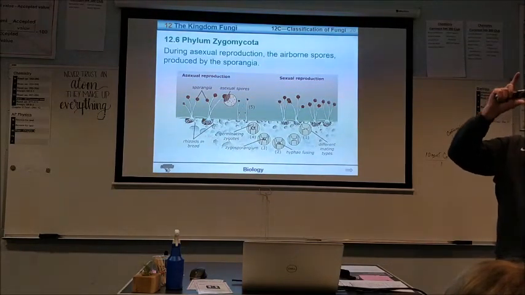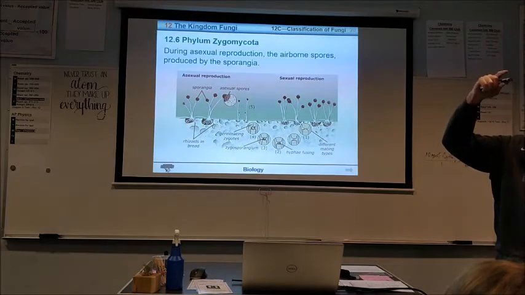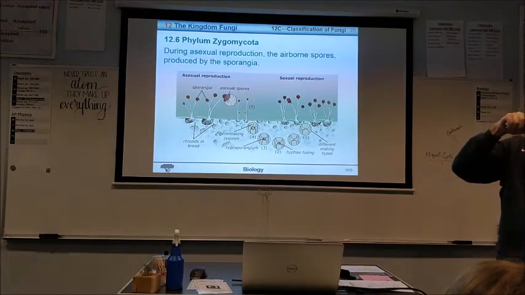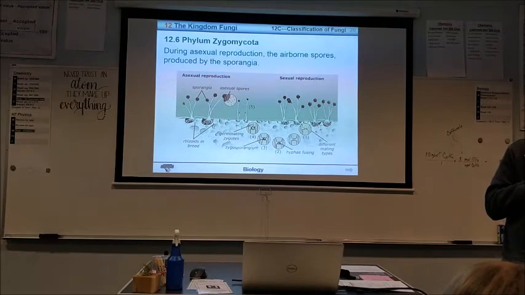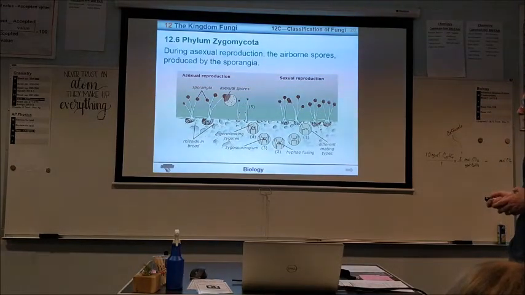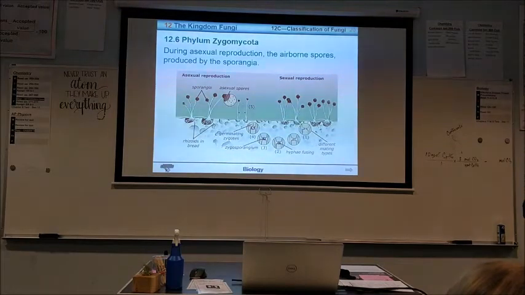Yeah, okay, hypha is kind of like the general name. What do we call special hypha that look root-like, and they kind of serve to attach and absorb moisture? I'll give you a clue. It's on the slide. Okay, those are rhizoids, right?